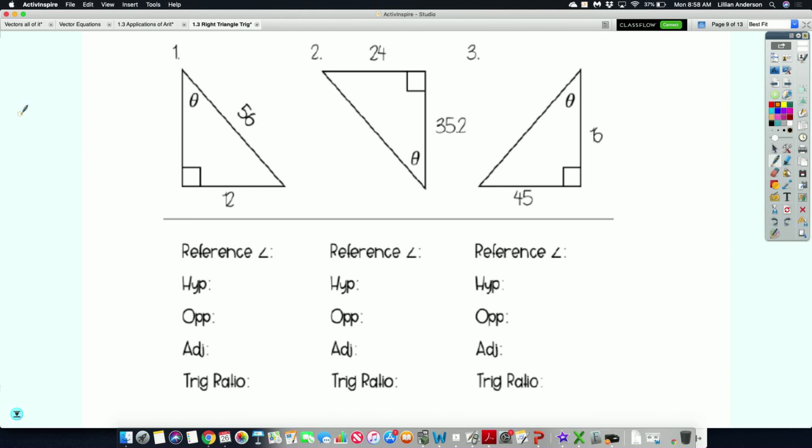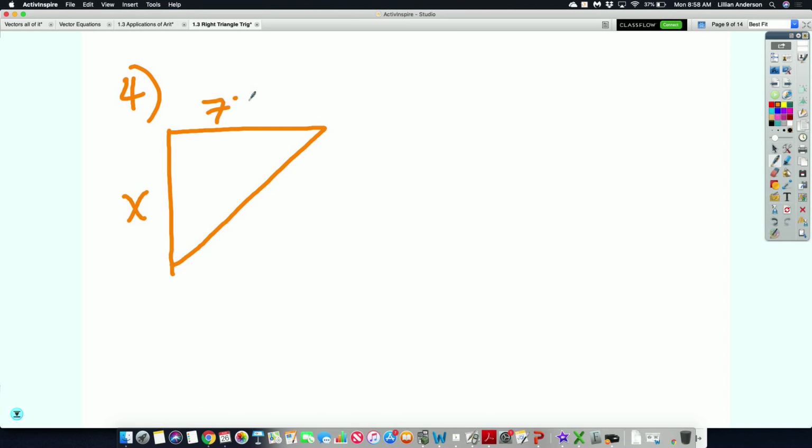Christian, 12 was what? And number 4, Christian, what was x? It was our opposite side, and 77.2 was our what side? Adjacent. So that meant Paige, what trig function was I going to use?